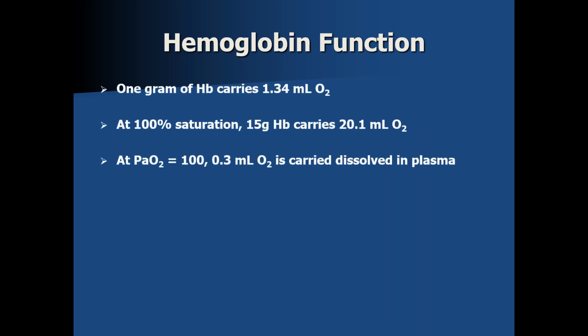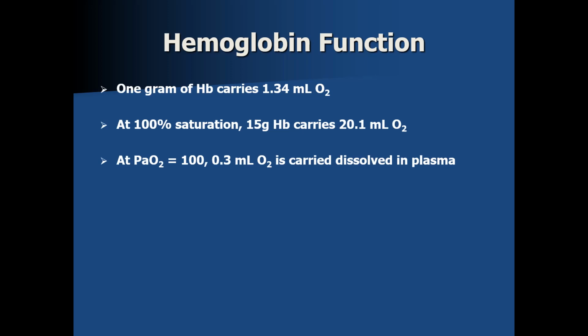At 100% saturation, 1 gram of hemoglobin carries 1.34 mLs of oxygen. So at 100% saturation, 15 grams of hemoglobin carries about 20 mLs of oxygen.